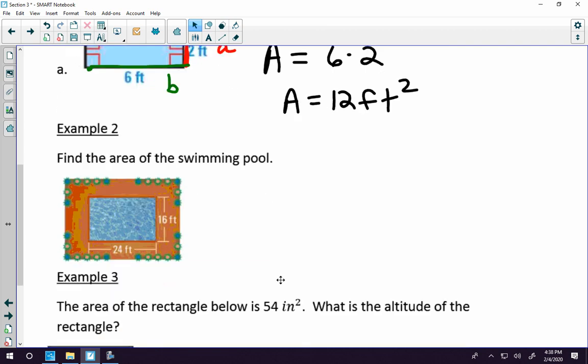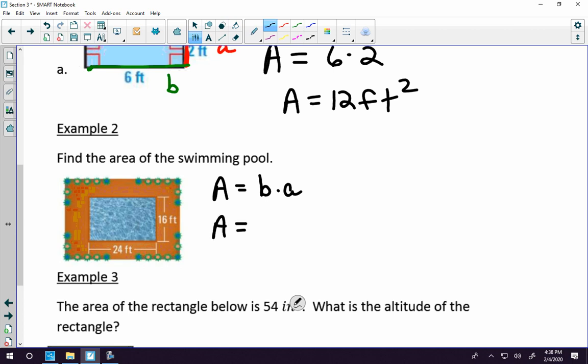Example 2, it says find the area of the swimming pool. Well, again, they want you to find the area, so we're solving for the area. We know it's a rectangle, so we're going base times altitude equals capital A for area.